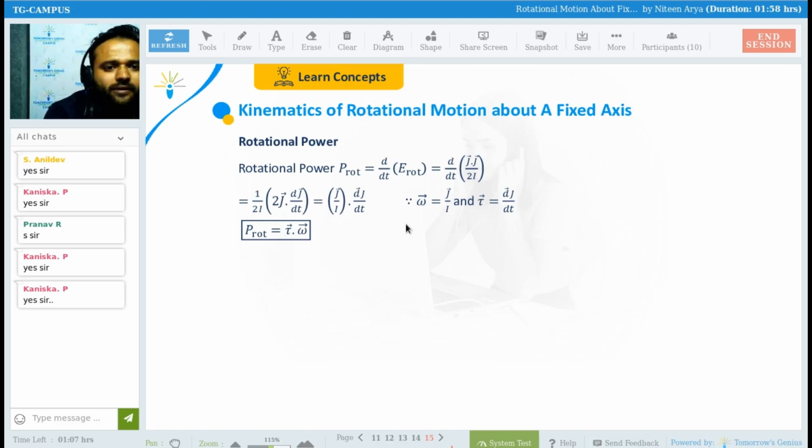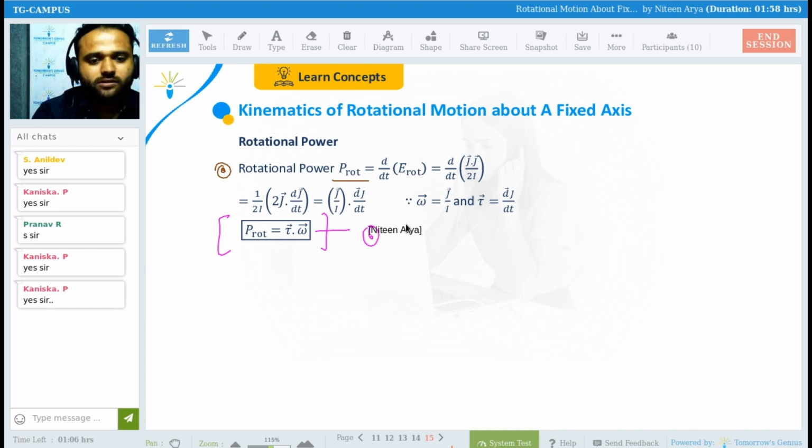So rotational power, even though I gave you this in the previous lectures also, P rotational is rate of change of rotational kinetic energy, d by dt of J squared by 2I. So when we do this, we can get this relation back altogether. Important one, this is your sixth equation.